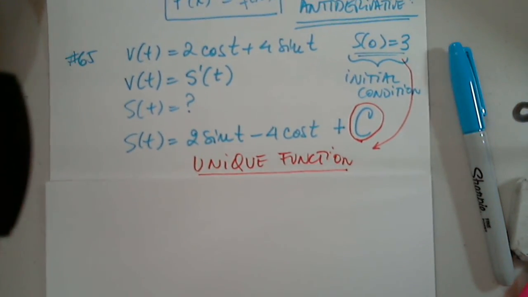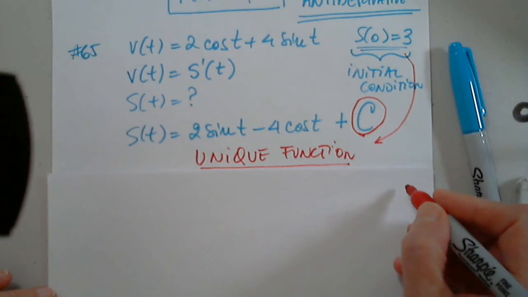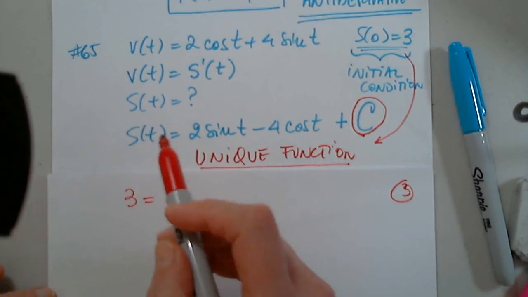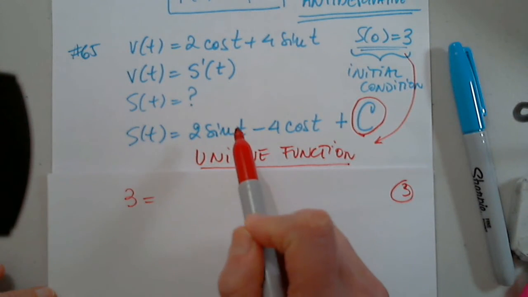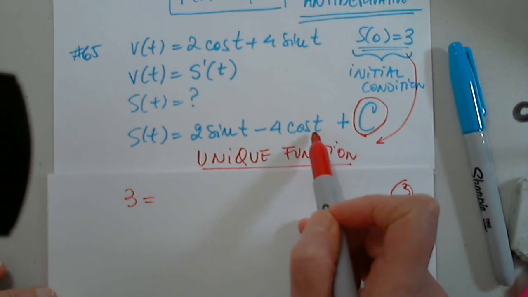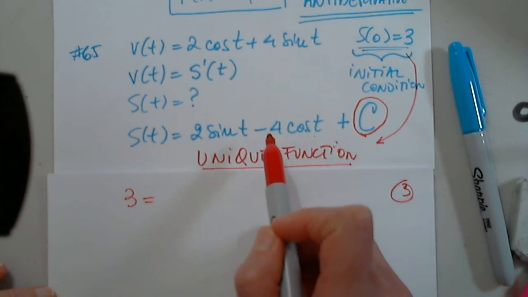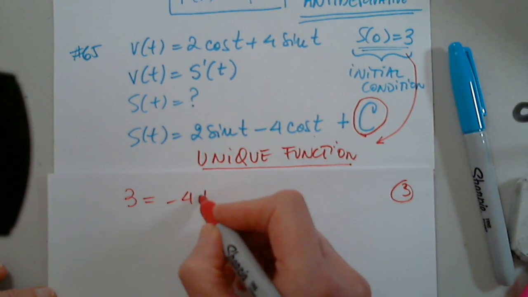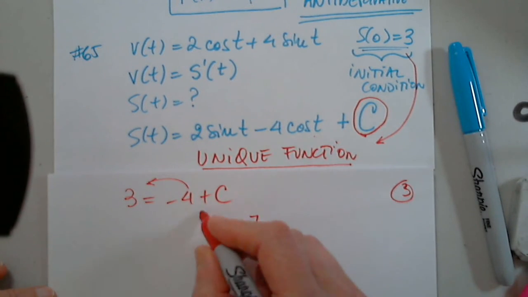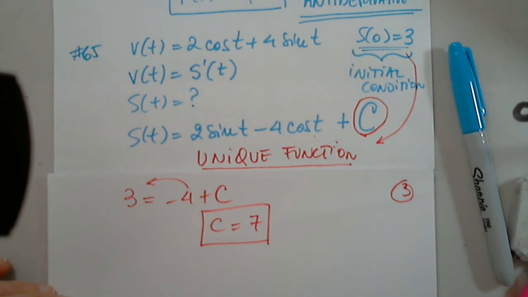We know what s of 0 is 3 means: 3 is this function when t is 0. Sine t is 0, but cosine t is 1. So -4 plus the constant c equals 3, which means when I move this to the other side, the constant is 7.